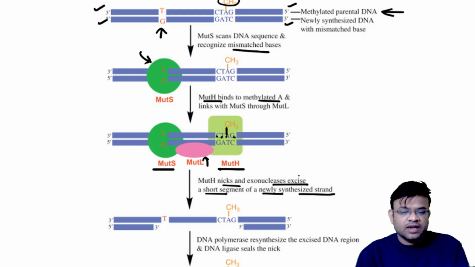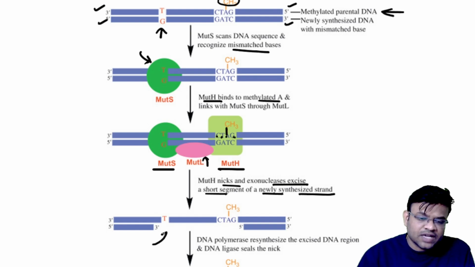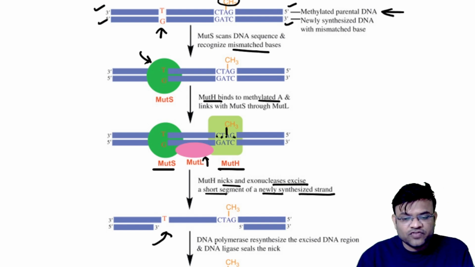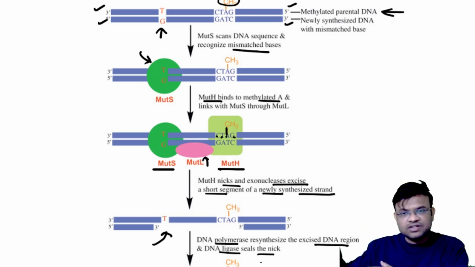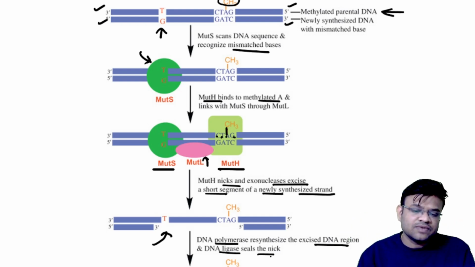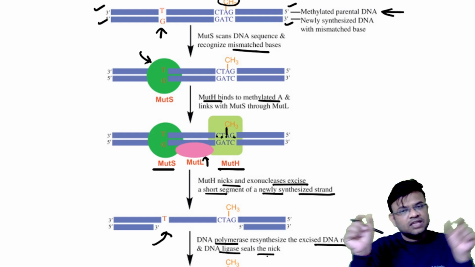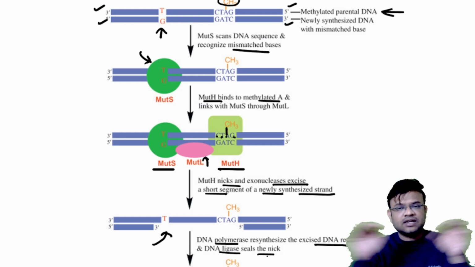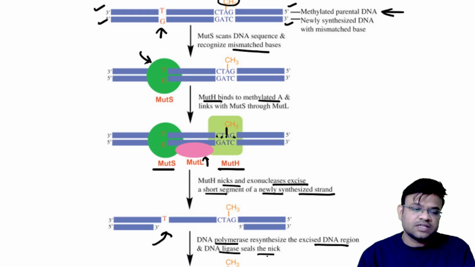That short segment is removed, and then this is the gap that is created. The gap is filled by DNA polymerase, and the excised DNA region is removed. Ligase will come and make the phosphodiester bond, so that the strand is completed. Now this is the case. Okay.